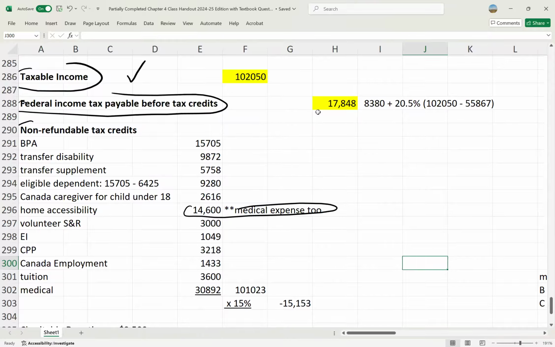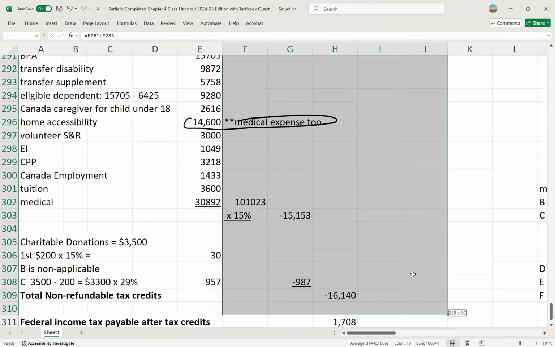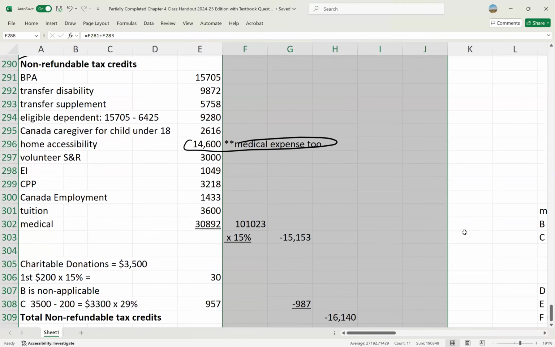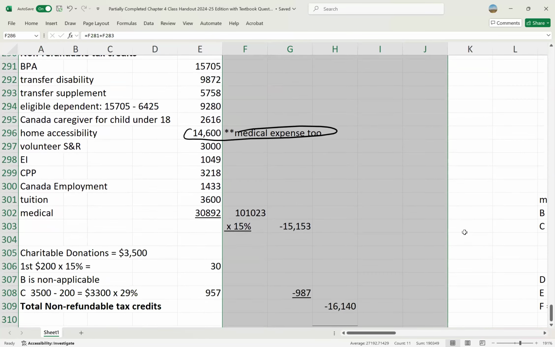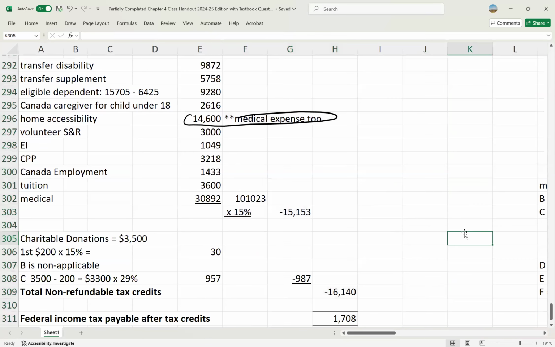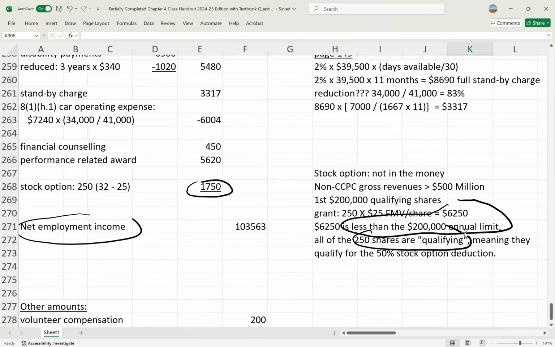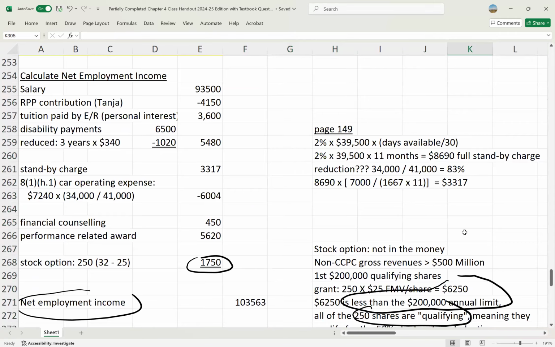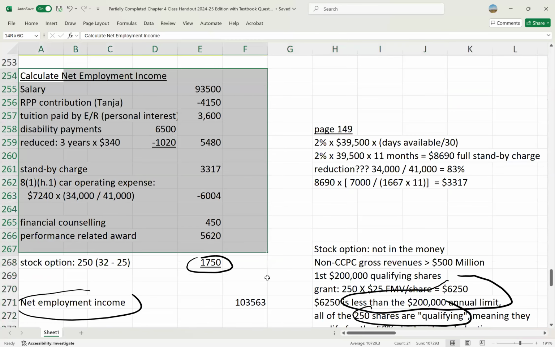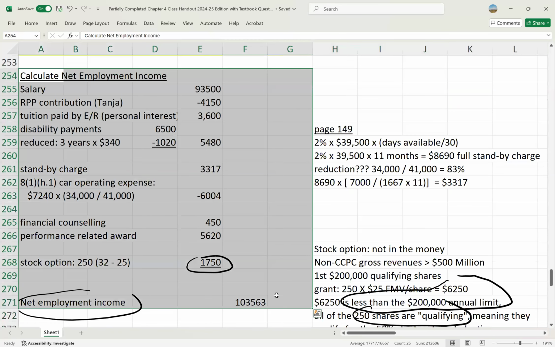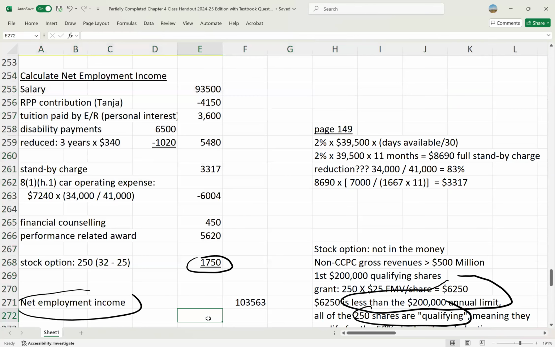Maybe you're given the taxable income, and now you just have to calculate this part here. Or maybe there would just be a question that focuses on employment income. So maybe you just have to calculate this part here. So there won't be a whole comprehensive question relating to this.